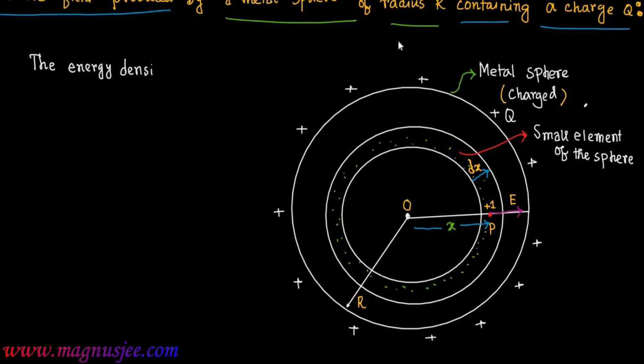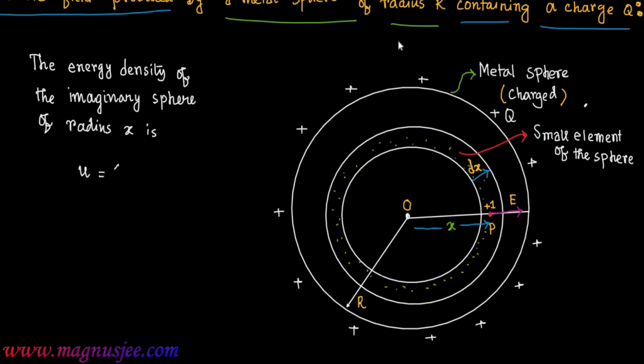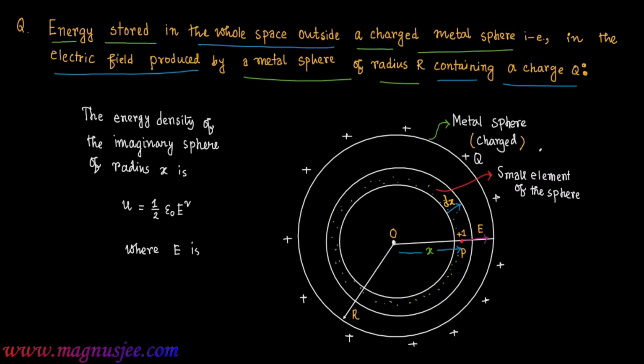The energy density of the imaginary sphere of radius x is given by small u equal to 1/2 epsilon 0 E square, where E is the electric field intensity.